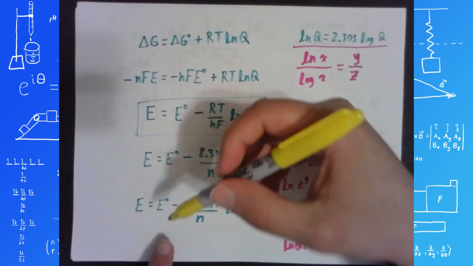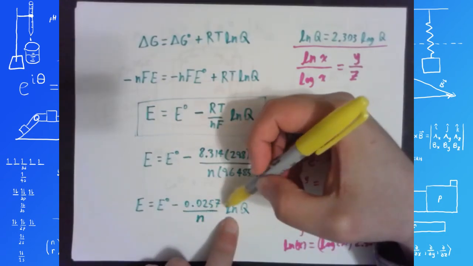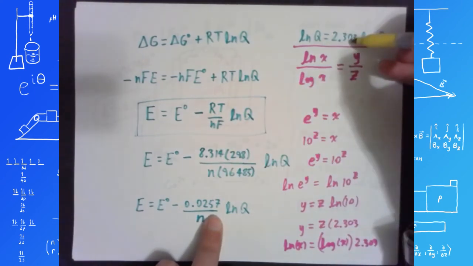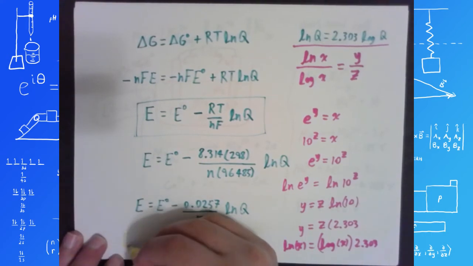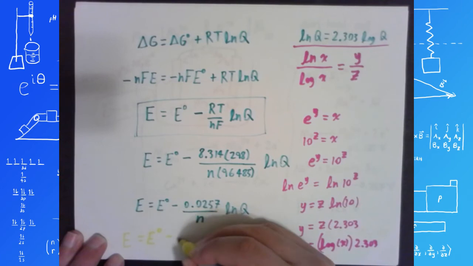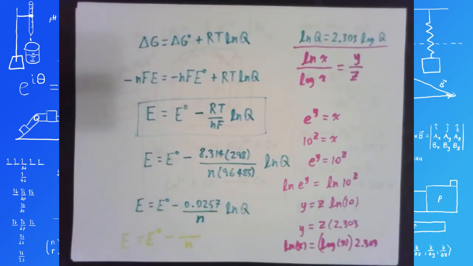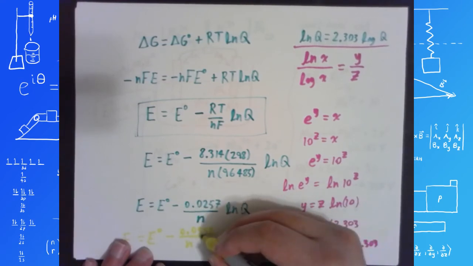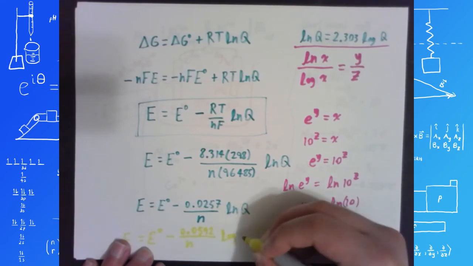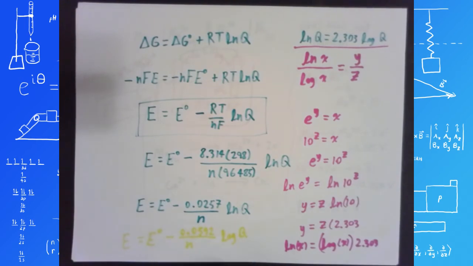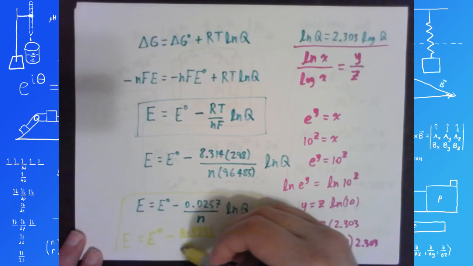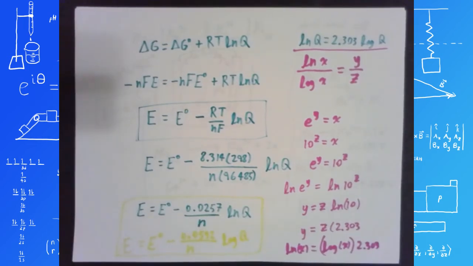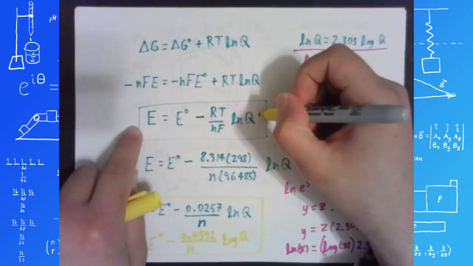So if you do that, negative 0.0257 ln of Q is negative 0.0257 times 2.303 log of Q, which is 0.0257 times 2.303 is 0.0592. 0.0592 log of Q. So these two are really just shortcut formulas for the specific case where you do things at room temperature, but honestly I would just prefer you do this one.